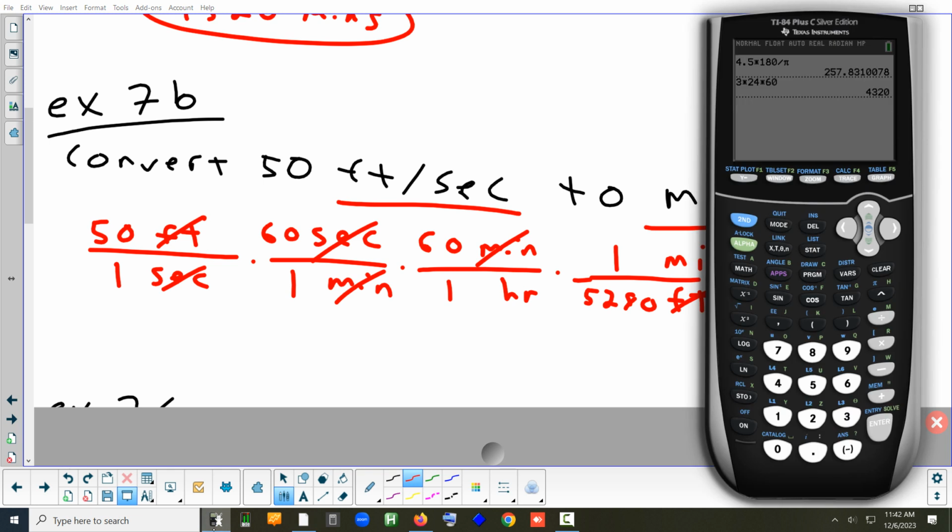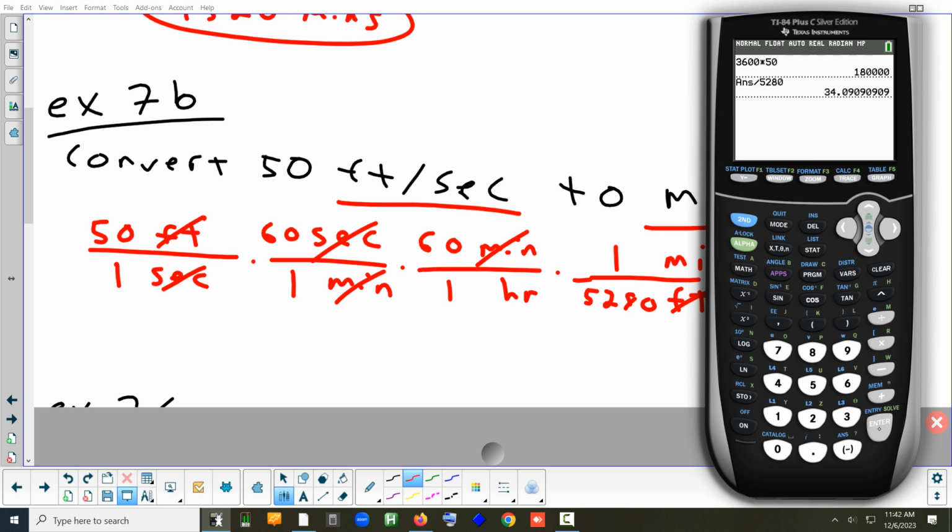So you're going to have 50 times 60 times 60. Well, we can save that one part of it. What's 60 times 60? 3,600. So 3,600 times 50. There's your numerator. And then divide by 5,280. So this time it's not all ones in the bottom.